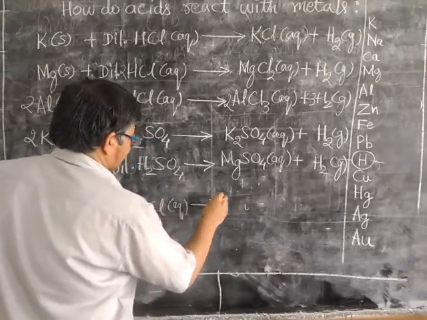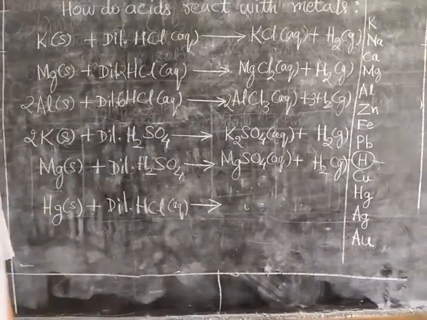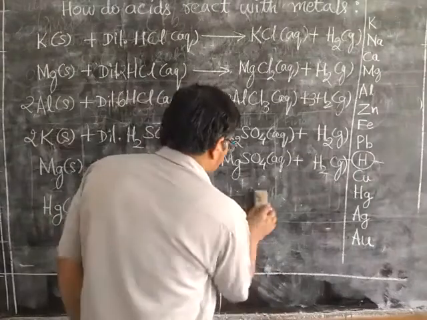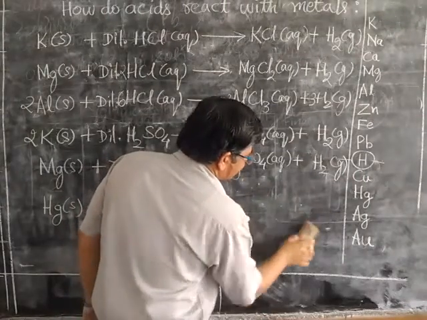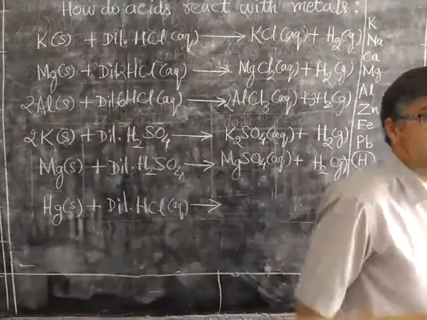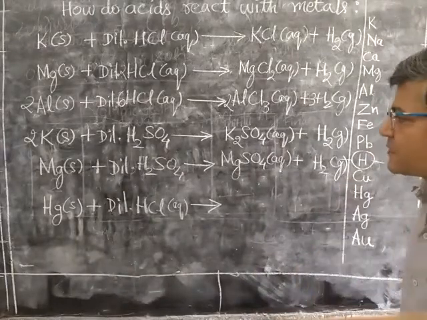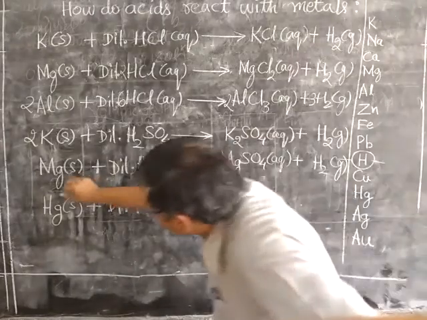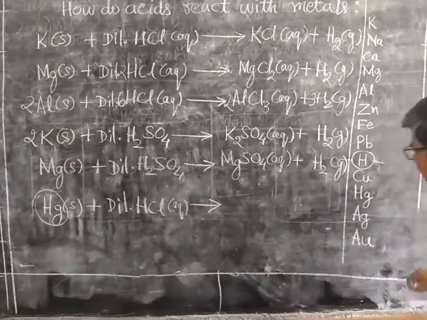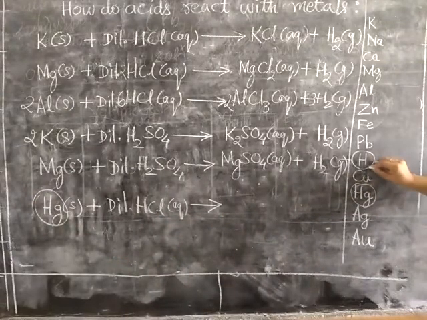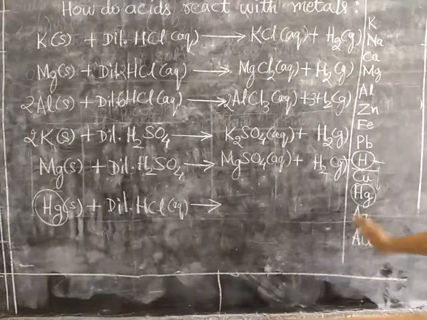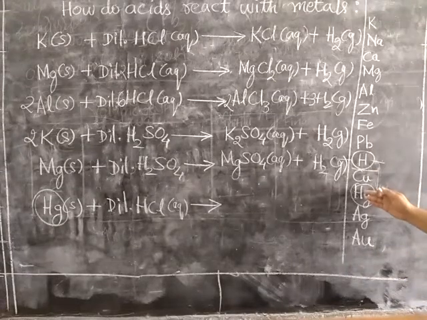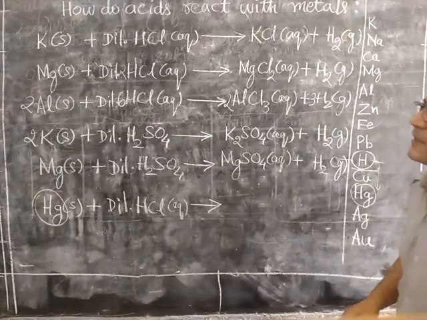Now, is this reaction going to happen? Is it feasible? No, it's not feasible. It's not feasible because this metal, mercury, is below hydrogen. Hydrogen is more reactive than mercury. Therefore, this reaction is not going to take place.